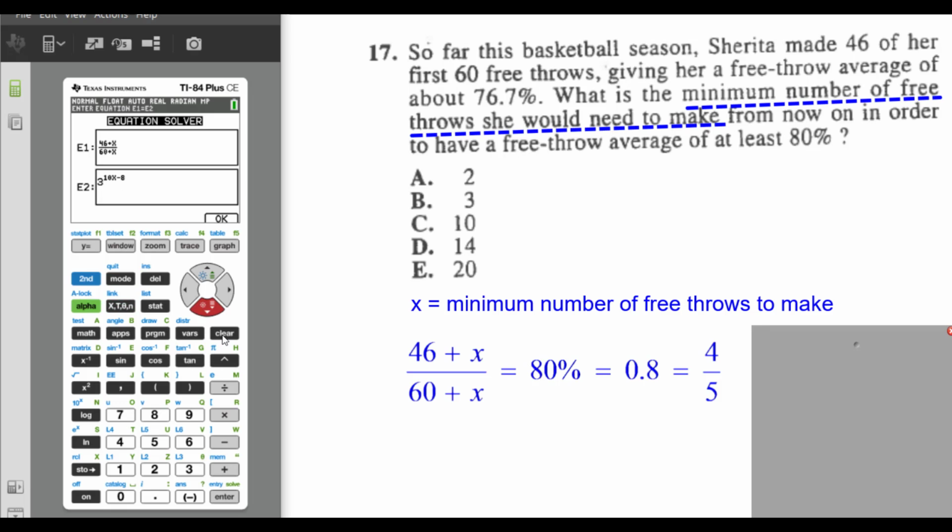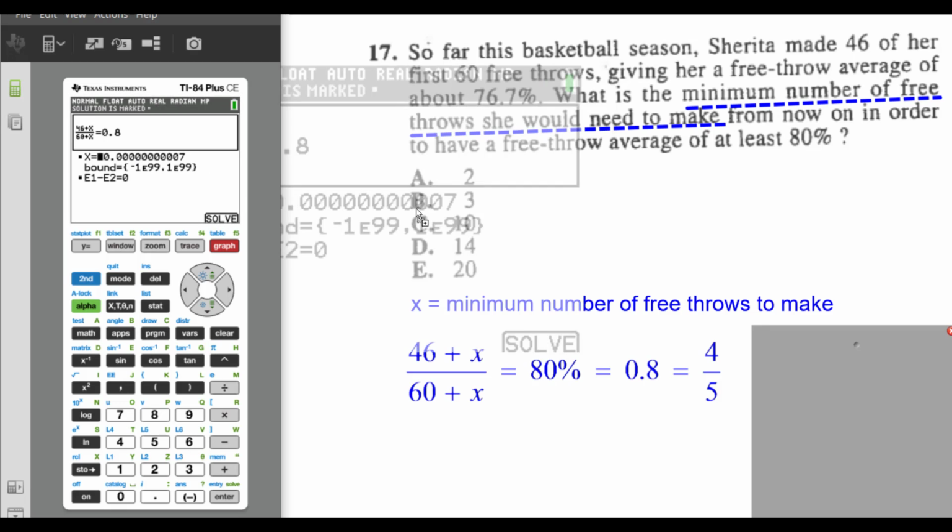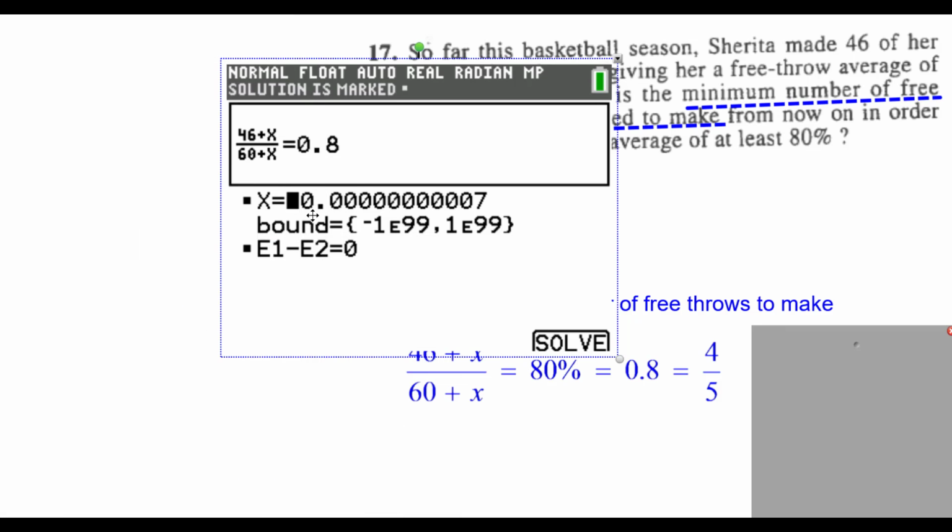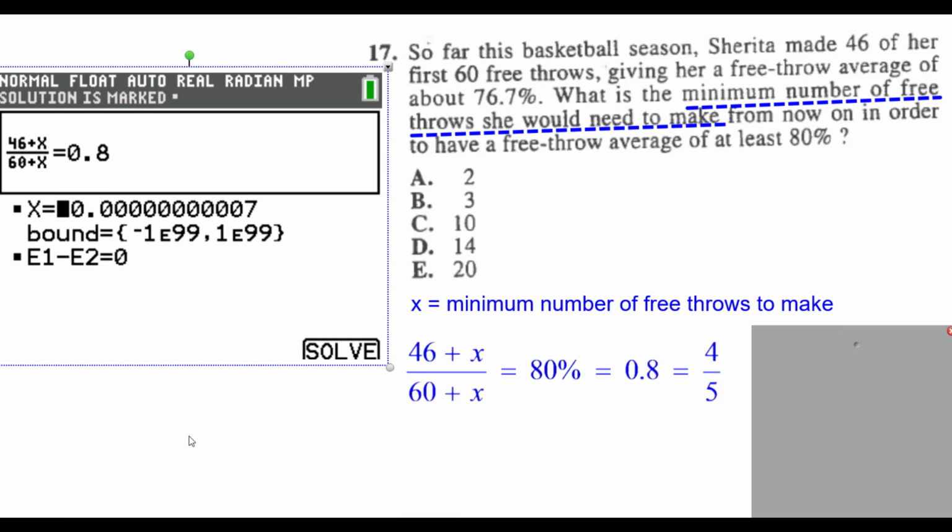And the second expression, I can't really type in 80%, but I can type in either 4/5 or 0.8 and say OK. And for my guess, I'll type in, let's say, 2 and see where we get. And it looks like we're getting 10. So the answer is C. Now again, I would hope my students can solve this by hand, but you know, they can use a calculator as well.